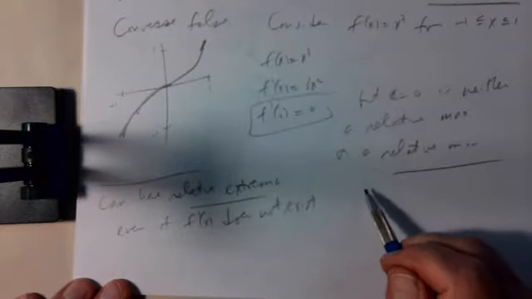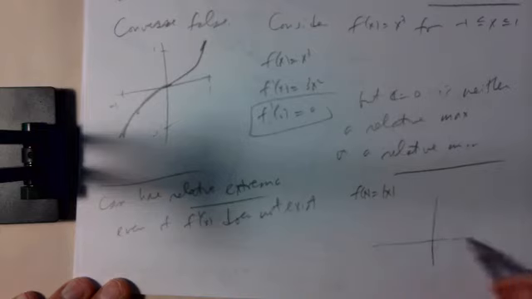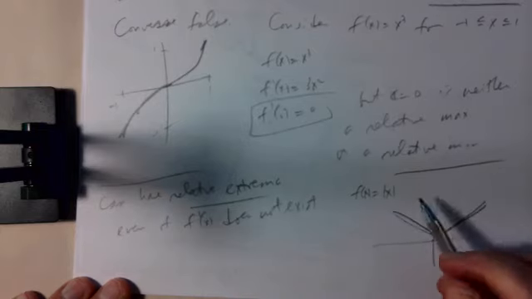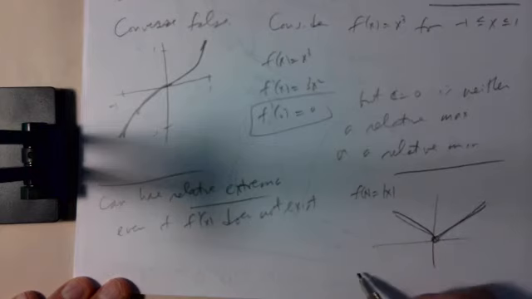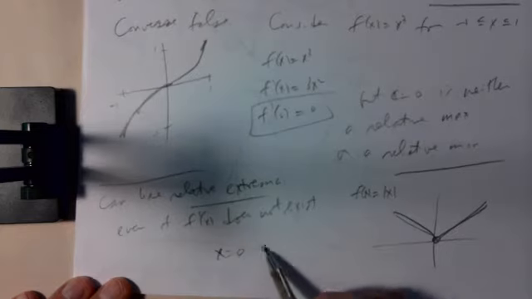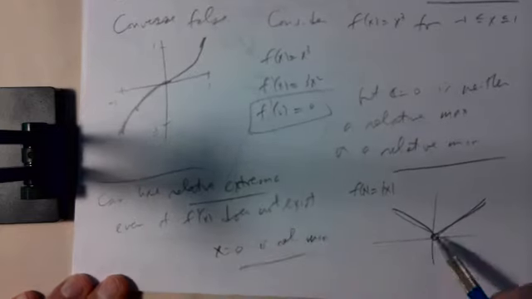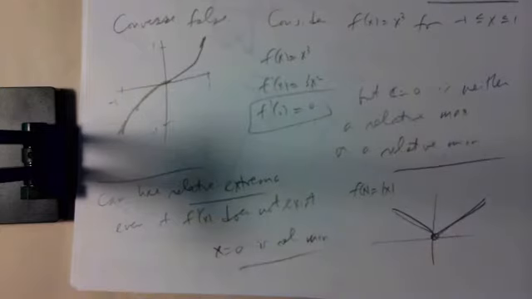It's a nice example: if you look at the function f of x equals the absolute value of x, the graph looks like that. X equals 0 is a relative minimum, but this function doesn't have a derivative at 0. So being differentiable is not a requirement to have a relative minimum or a relative maximum.